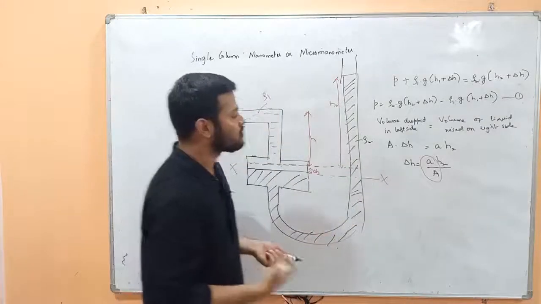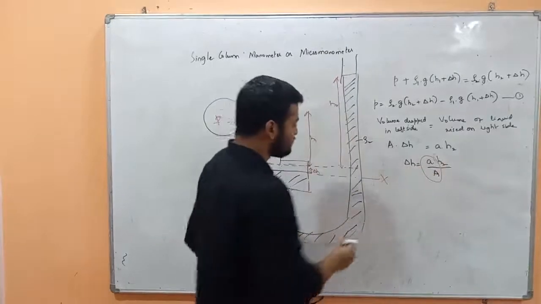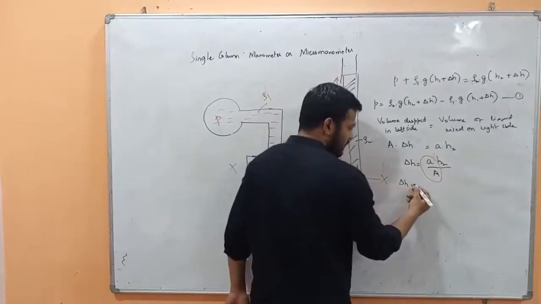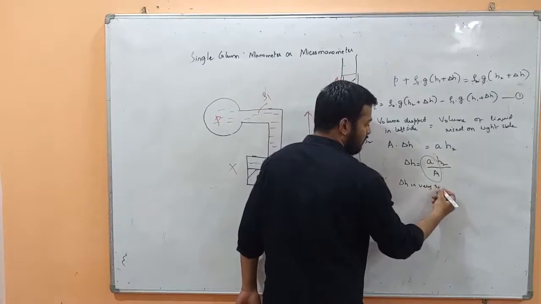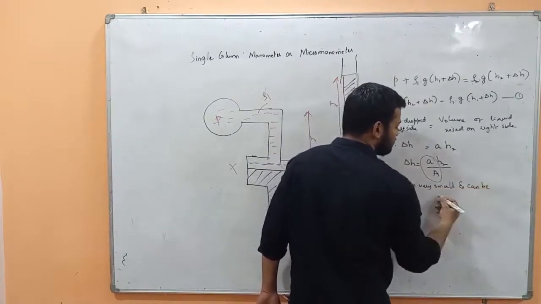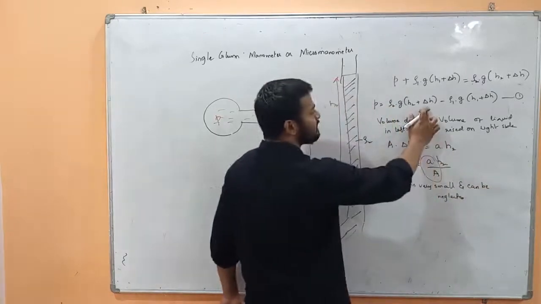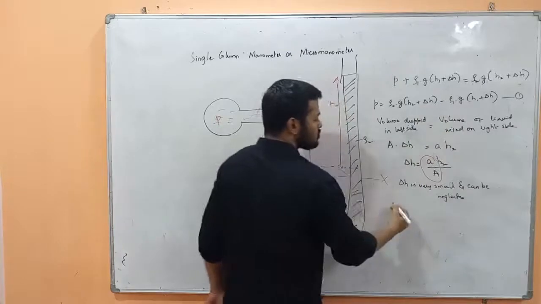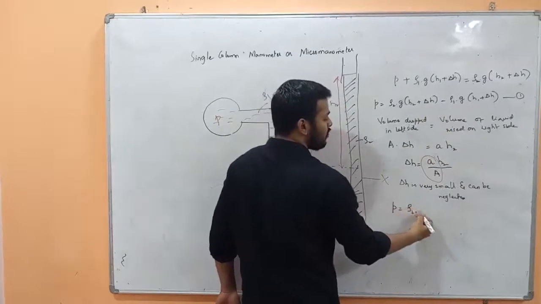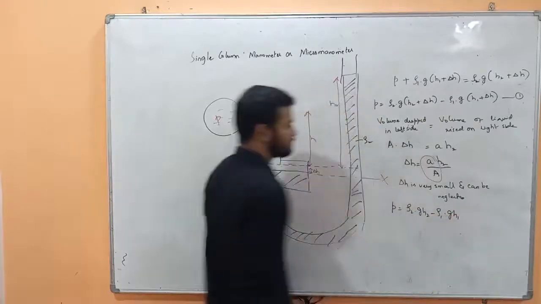That's almost 0, and 0 into anything becomes 0, so delta H is very small and can be neglected. So put delta H as 0 here and here. We will get the value of P as rho 2 g H2 minus rho 1 g H1.